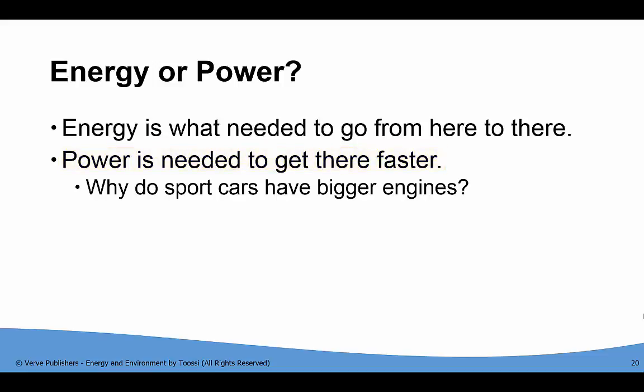They both use roughly the same amount of energy, namely a tank full of gasoline, but the Porsche uses this energy over a shorter period of time, so you get there faster, so it uses more power. To use more power, of course, you need a bigger engine. A bigger engine is more powerful, which means it can use the energy in a shorter period of time.